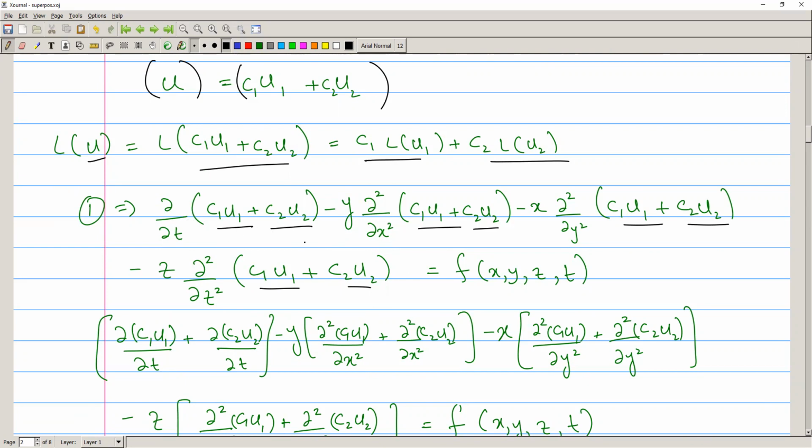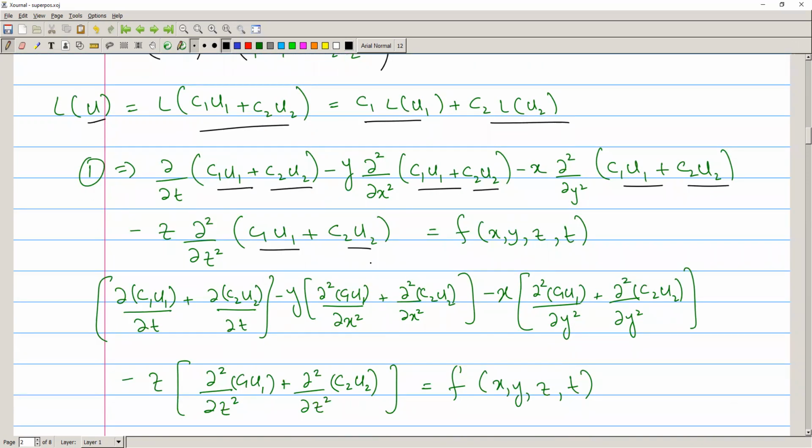All C1 U1s will be on one side, and all the C2 U2s will be on the other side. Or no, let's not do that, just do it like this: dou over dou t of C1 U1, with dou over dou t of C2 U2. Arrange this. Yes, this is the simplified form.